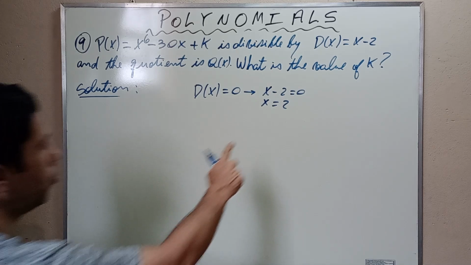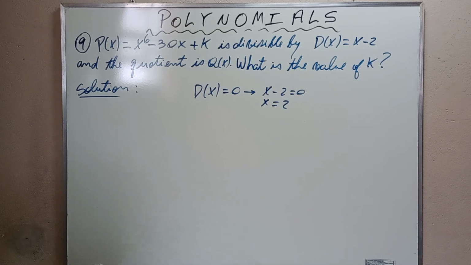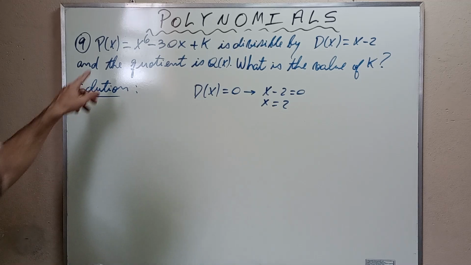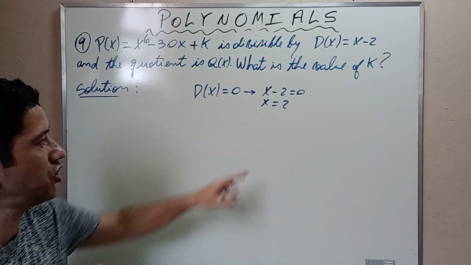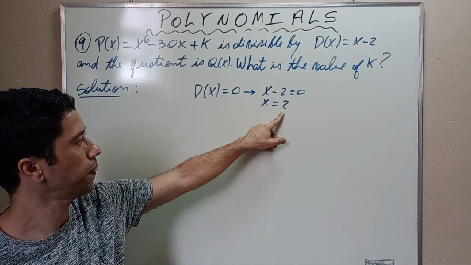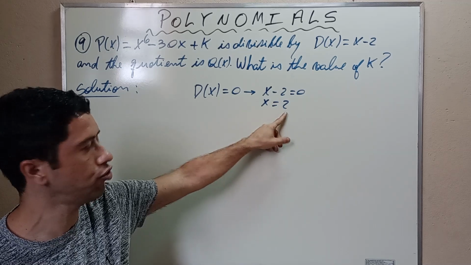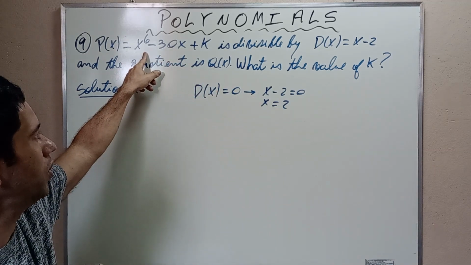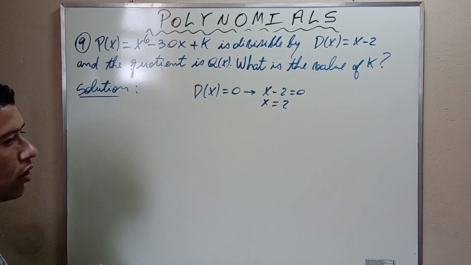But this 2 is also a root of P of x, because the exercise imposed that P of x is divisible by D of x. Then they share this root here. And what does it mean? It means that if I apply 2 in this polynomial, it has to make it equal to 0, okay?